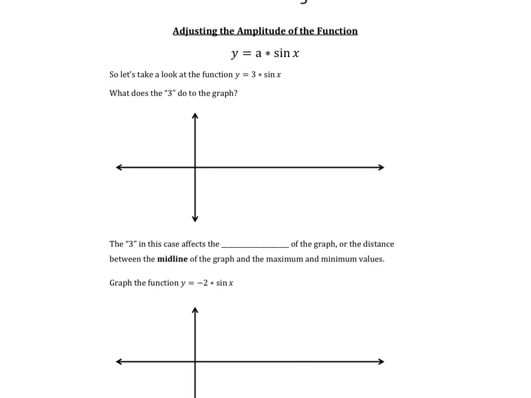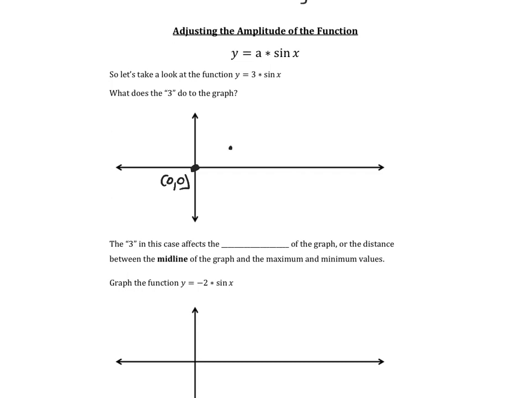So let's think about this. Sine of x, we know what sine of x looks like. When I graph 3 sine of x, I'm only going to graph the quadrantal points, really the quarter period points. So if I do that, I know my sine graph's going to start at 0, 0. Okay, and actually, I'm going to do this 2 ways.